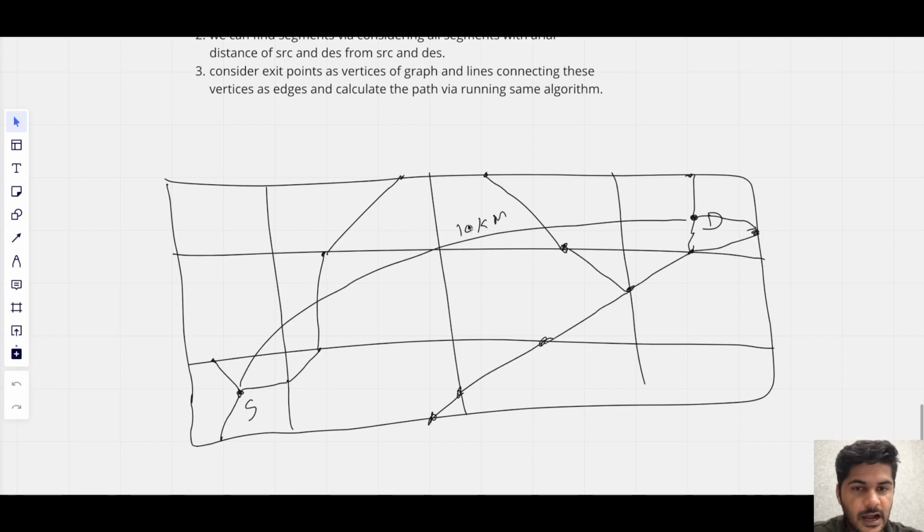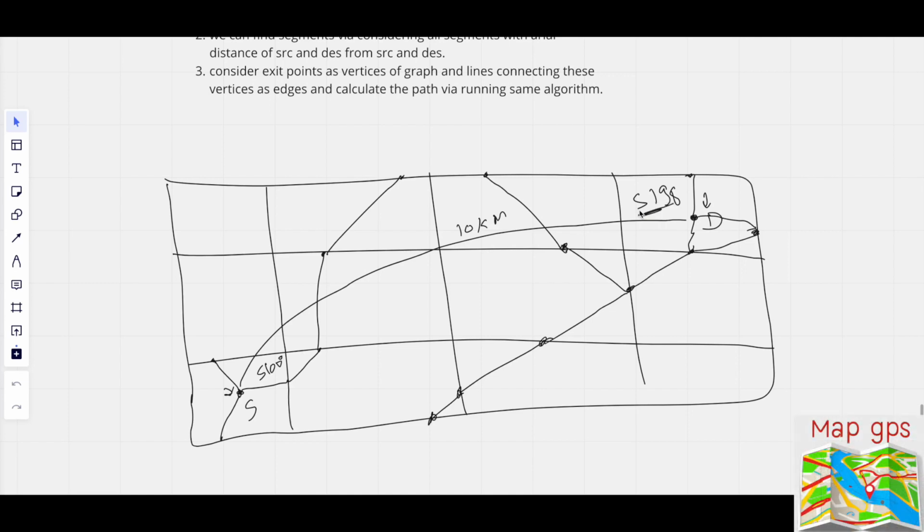If I'm having that distance, I will use the service which we had, area finding. First I will find the segment of S, I will find the segment of D, and maybe I got S1000, and for D I got my segment 198. These are just for example, I'm taking that 198 is the ID of this segment and 1000 is the ID of this segment.